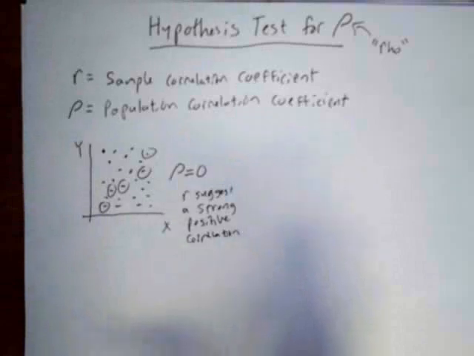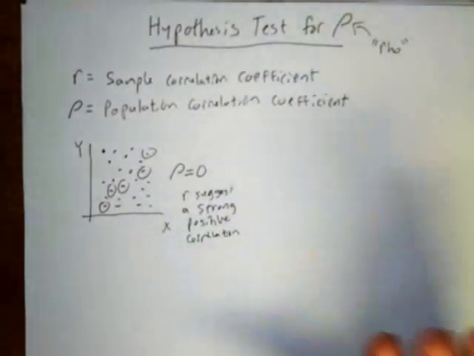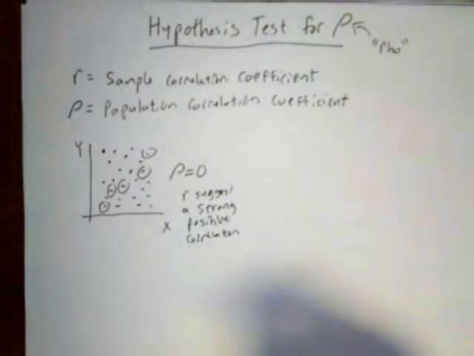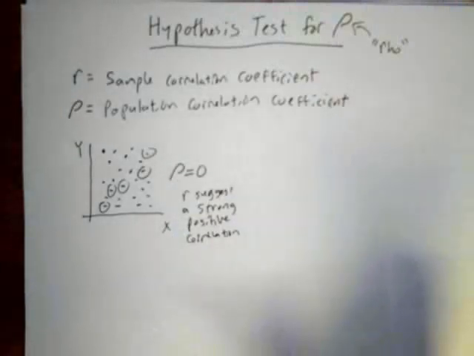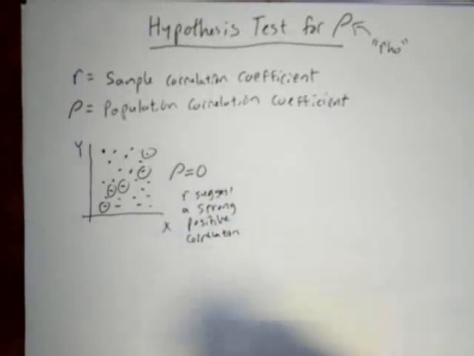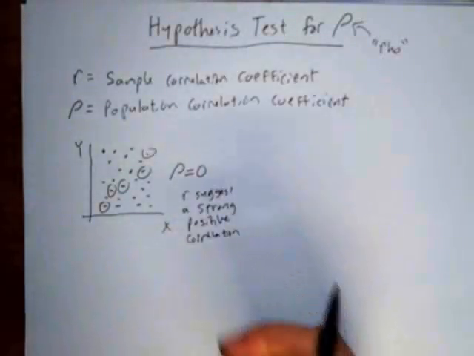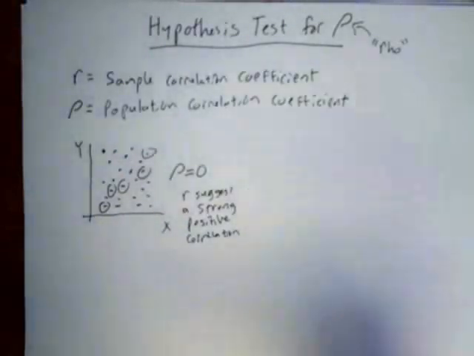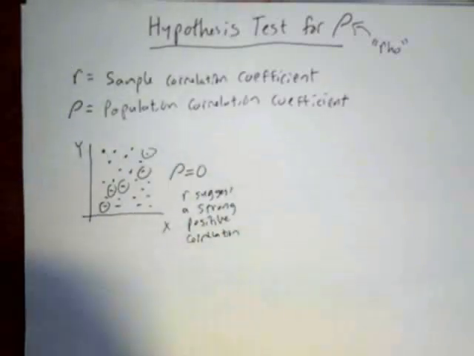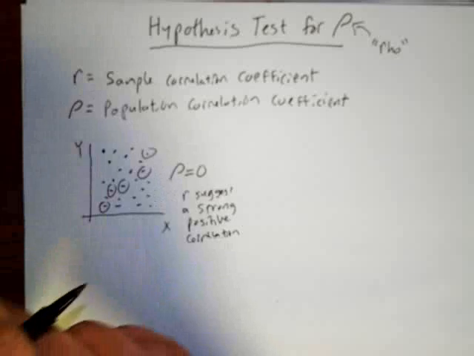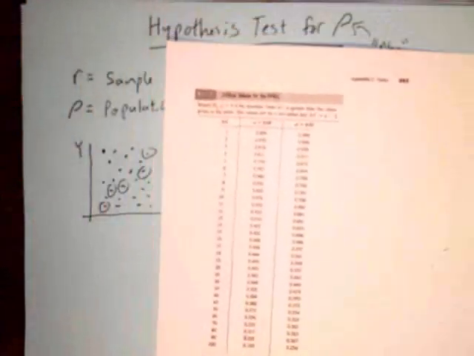The book actually has 2 different tests. One's a test that uses the t-table, and it's a really nice test because you can test whether the strength of the correlation is greater than 0.8 or greater than 0.9. There's a lot of versatility. But this test has no versatility at all, but it's very, very simple, which makes the test very easy to do.